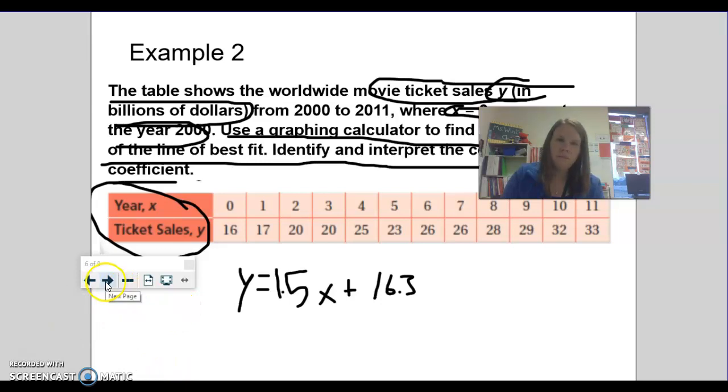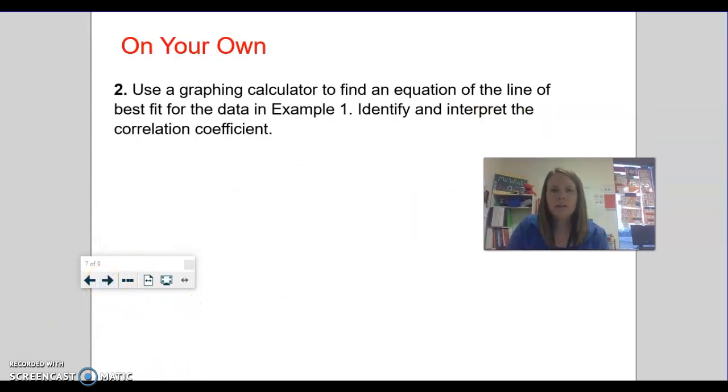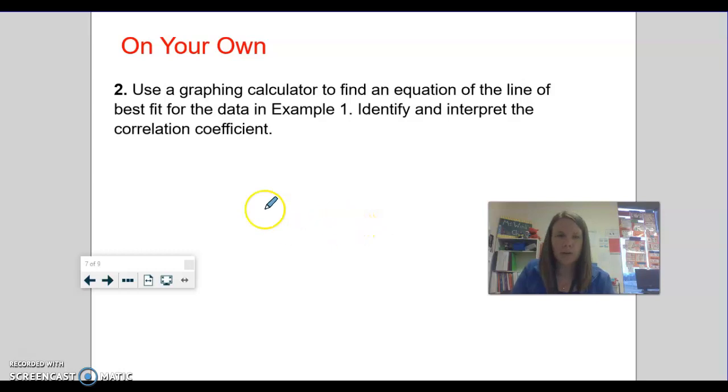All right, let's keep going then. So this one is an on your own, and this is the last part. What they want you to do is use a graphing calculator to find an equation of the line of best fit for the data in example 1. Identify and interpret that correlation coefficient. So I want you to go back and use that Desmos website.